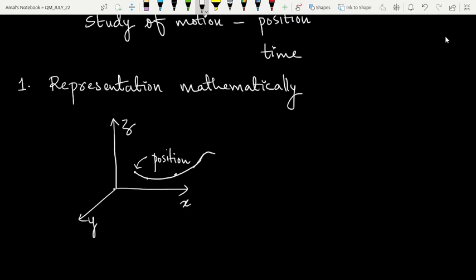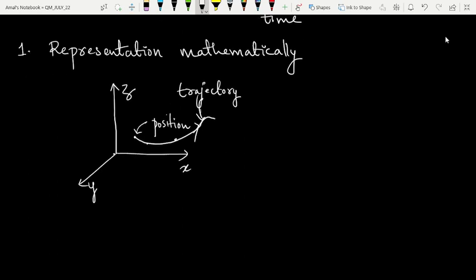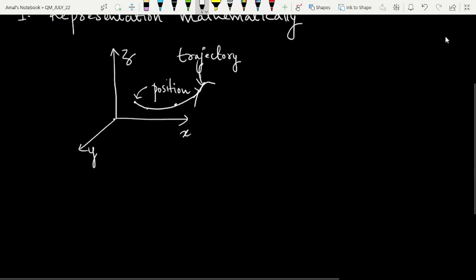some kind of curve. So this curve represents the trajectory of the particle. This curve represents trajectory. So this is how we represent it geometrically. We can also represent this motion algebraically using a function.